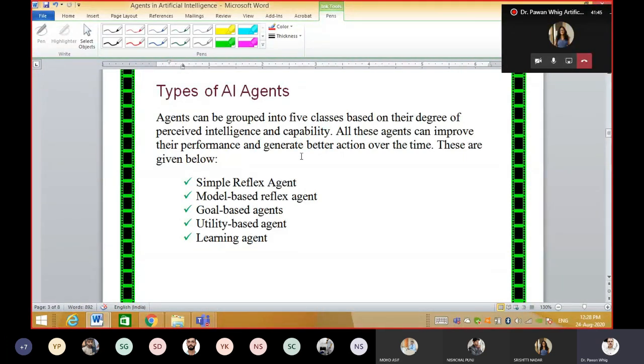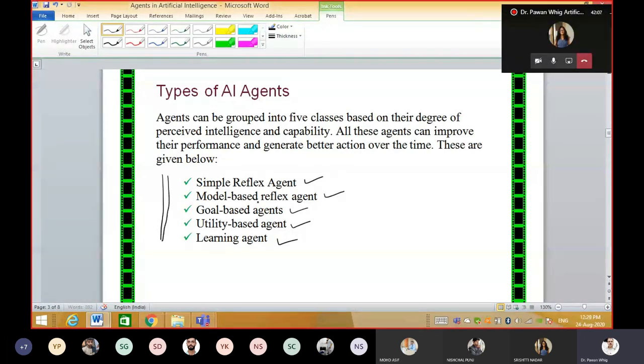One is called simple reflex agent. Another one is called model based reflex agent. Third one is called goal based agent. Fourth one is utility based, and fifth one is learning agent. So these are the five kinds of agent.